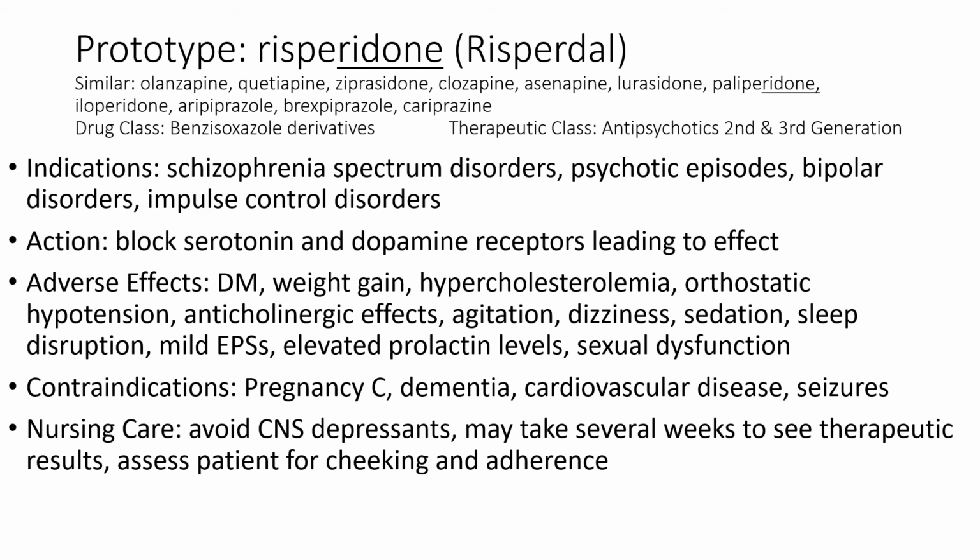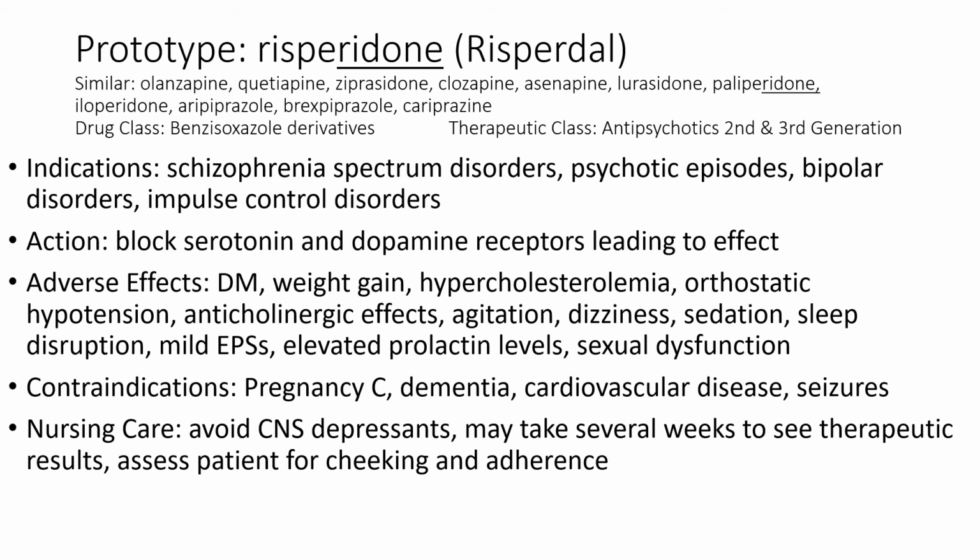Or, for example, someone's been going to a clinic and receiving their intramuscular first generation antipsychotic, there'd be no reason to switch. But if someone is starting on a new antipsychotic, it's going to be in this next group, the second or third generation antipsychotics. And risperidone is one of them that makes this group.